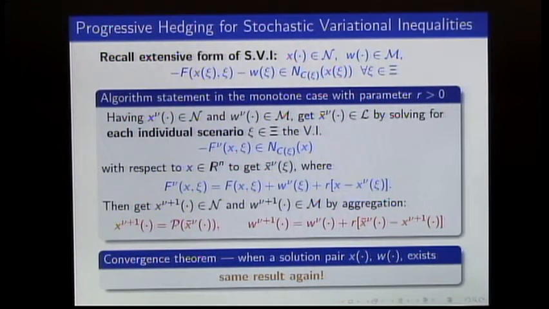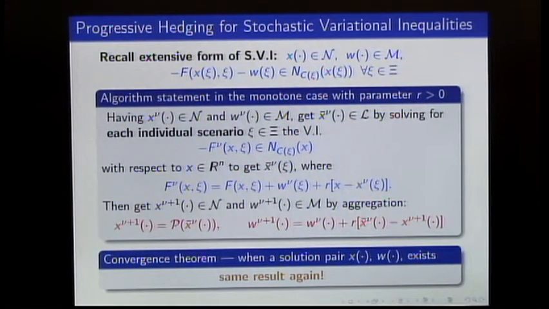So again, having an x^ν in the n space, a w^ν in that space, we get an x̄^ν, which is in the larger space, not non-anticipative, by solving for each scenario a modified variational inequality where the modification is I replace the f by this f^ν. This f^ν has, I'm adding the w^ν, that's corresponding to the linear term in stochastics, and I'm adding this r times the difference.